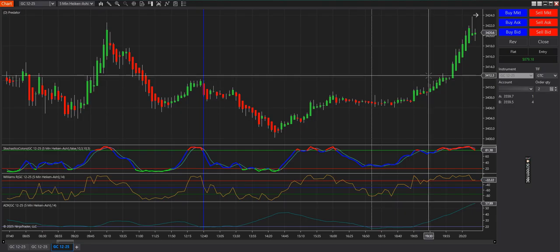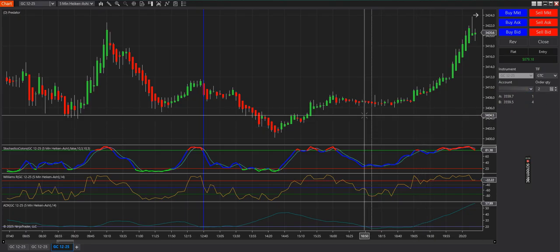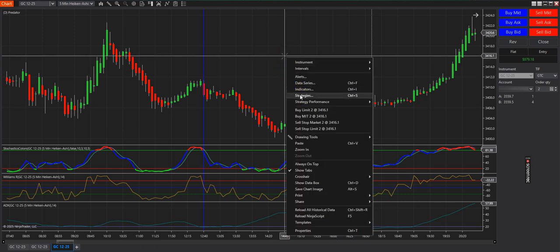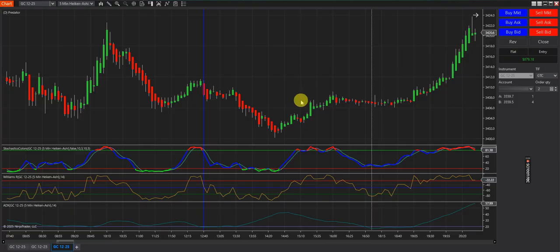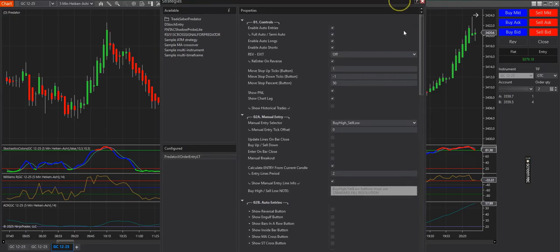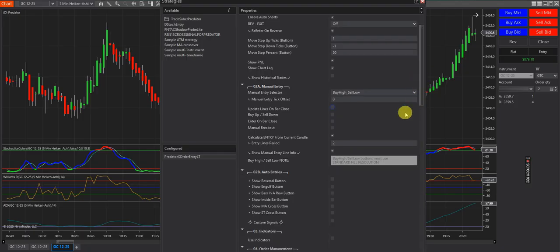If you don't have the Predator, then you can set it on the ATM panel that already comes with NinjaTrader. But with the Predator, it's super versatile. So here's the Predator, and basically you can set your profit target and stop loss.